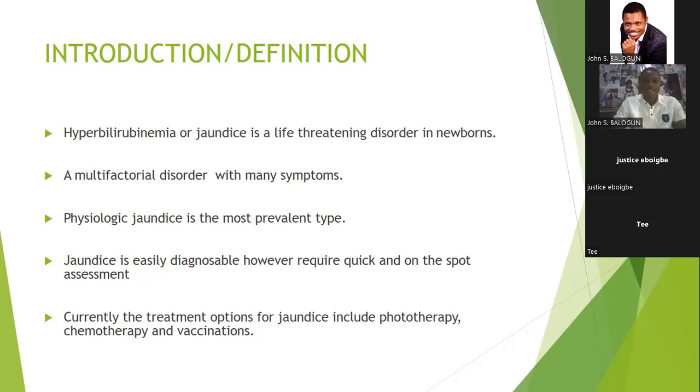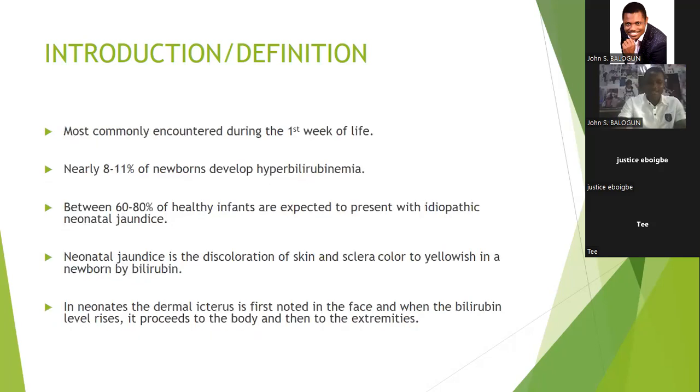Now, like I said, most commonly you see jaundice in a newborn within the first week of life, and nearly 8 to 11% of newborns develop jaundice. I mean, they will have a high level of bilirubin in their blood. Up to 10% of newborn babies will do that.